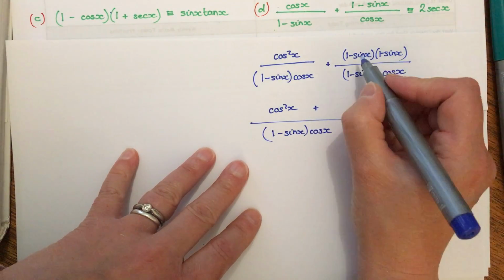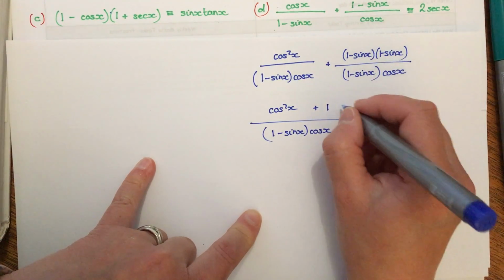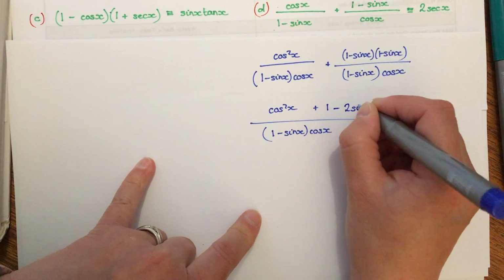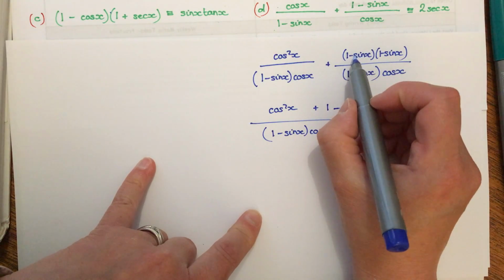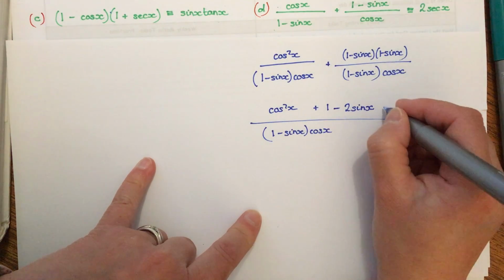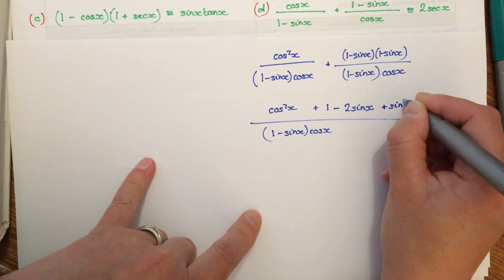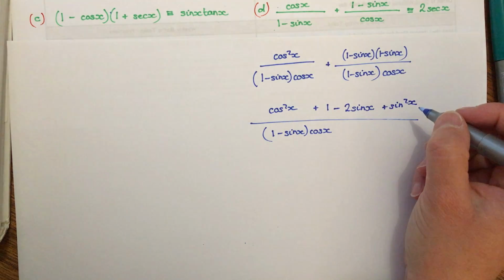I'm also going to multiply these out, so I've got 1 minus sine x minus 2 sine x. Nope, minus 2 sine x plus sine squared x. Got something wrong with the sign here.